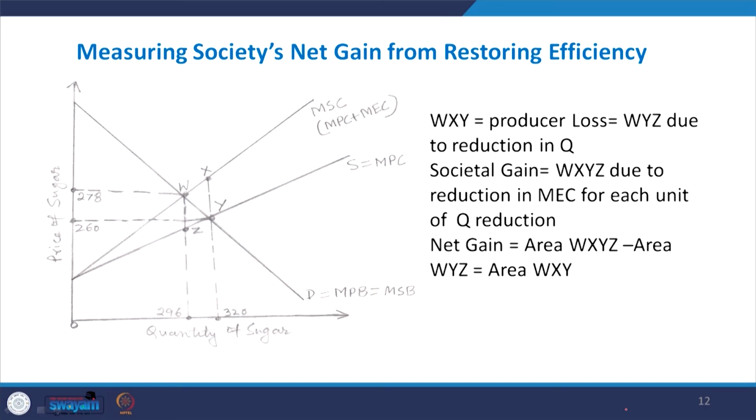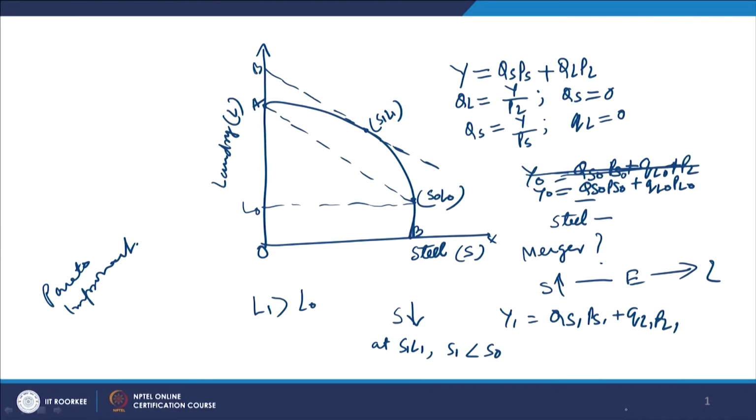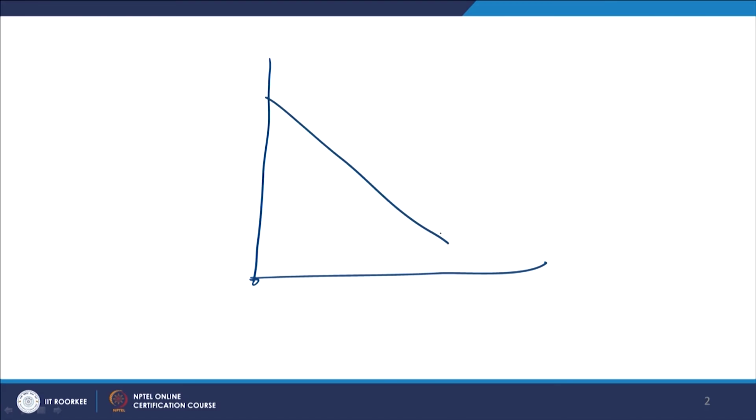And this can be examined by a simple graph. I can also help you to draw it here. Suppose we have a demand curve, or marginal private benefit, and a supply curve. The supply curve is also known as marginal private cost, and the demand curve is marginal private benefit.